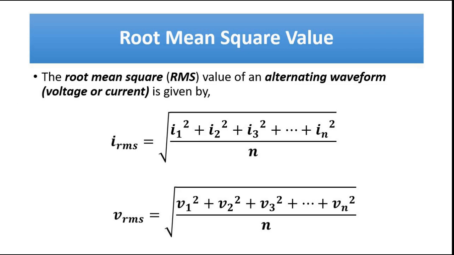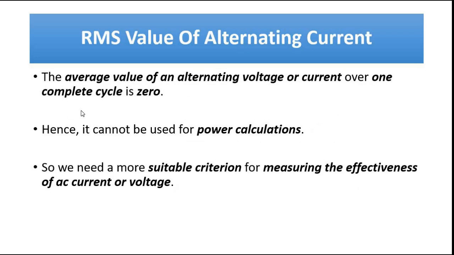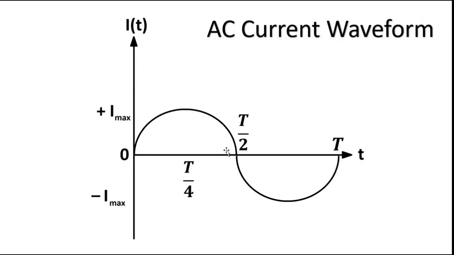Here, let us discuss why the need for the root mean square value arises. We have already discussed mean or average value, but the problem with it is that if we take one complete cycle, the average value becomes 0, because the positive half cycle is exactly equal in magnitude to the negative half cycle and opposite in direction.